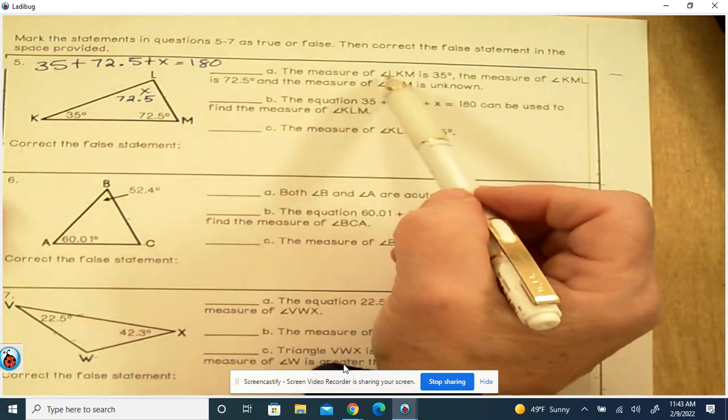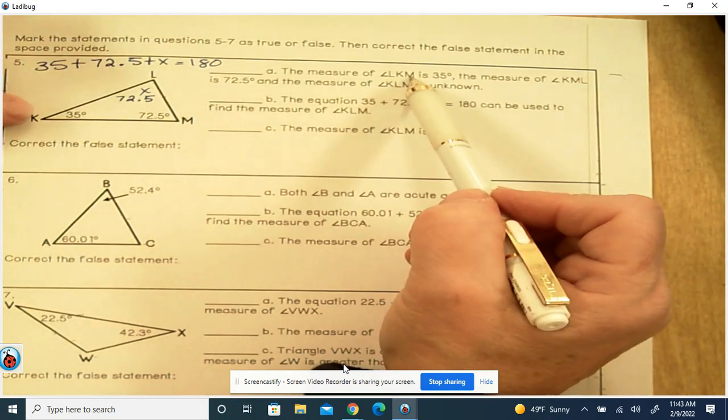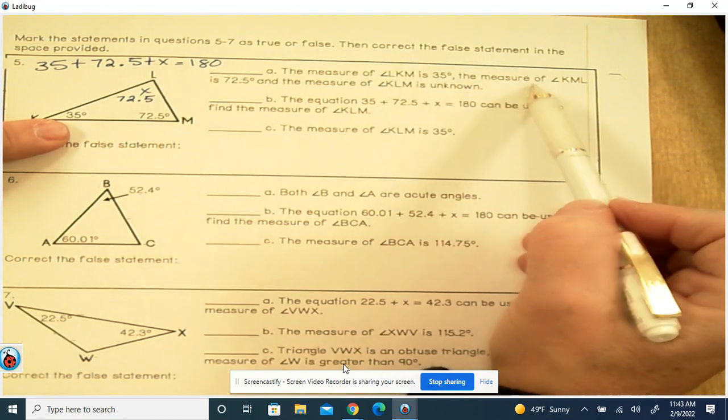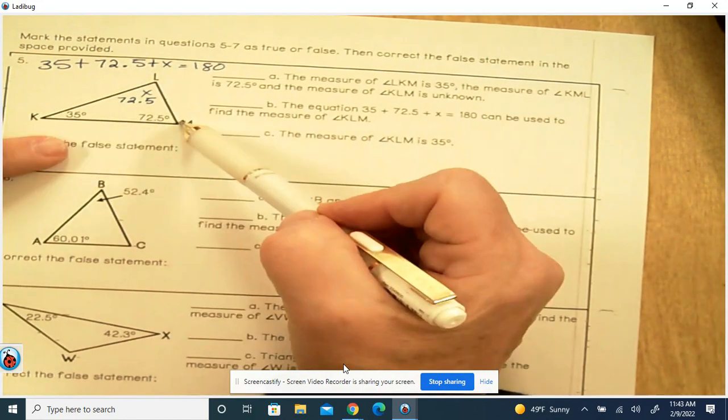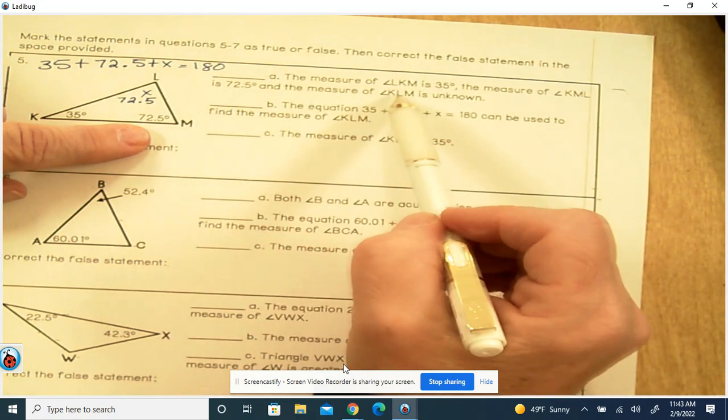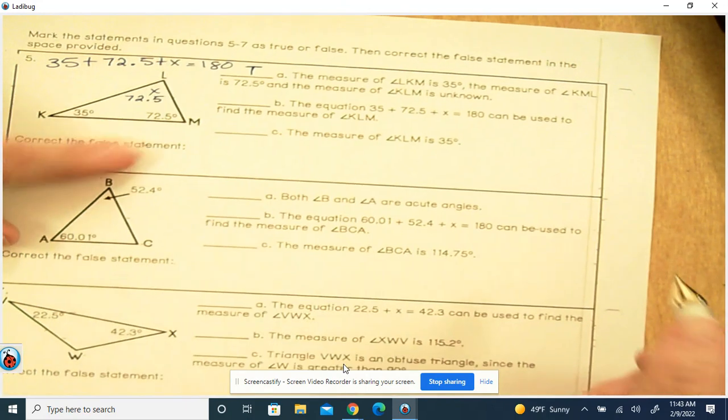All right, the measure of angle LKM is 35, and the measure of KML is 72.5, and the measure of KLM is unknown. That was true because we didn't know what it was when we started.